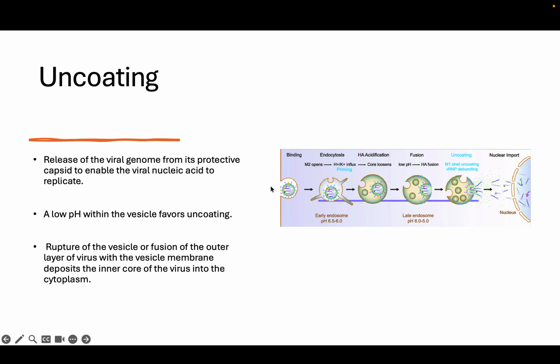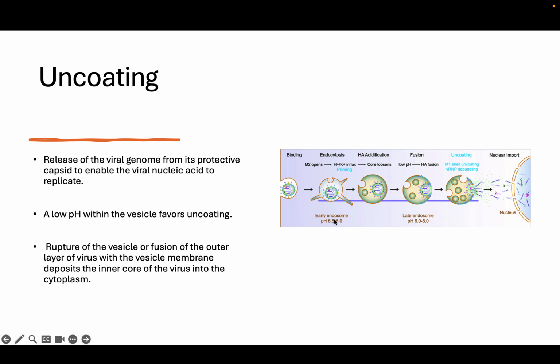So let's take this example here with influenza. Influenza will bind, it's going to cause endocytosis, and then you're going to get the formation of the endosome. And in this endosome, certain other vesicles are going to come here. They're going to cause this proton influx, specifically hydrogen and potassium influx inside, and especially the proton is going to cause this to acidify.